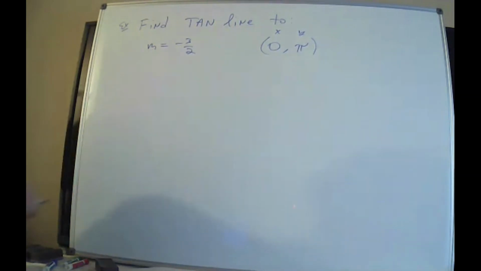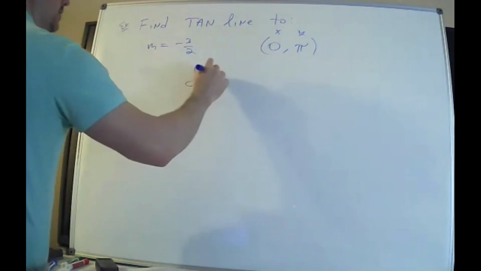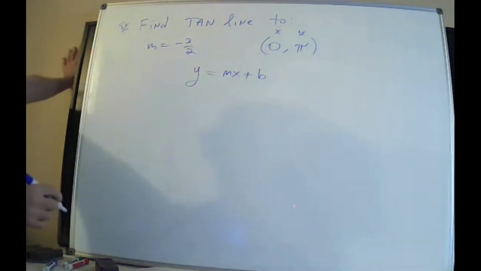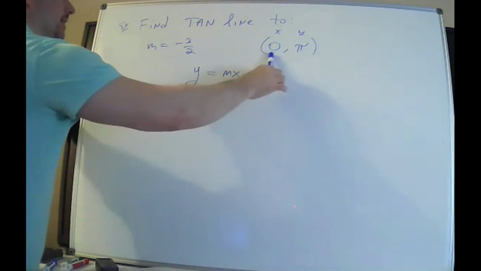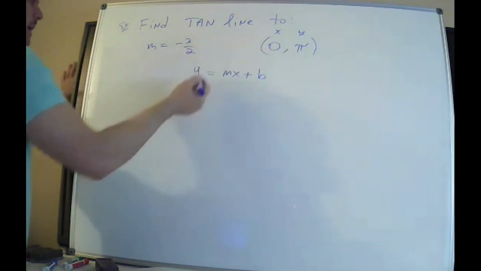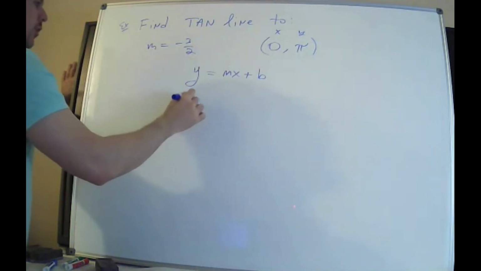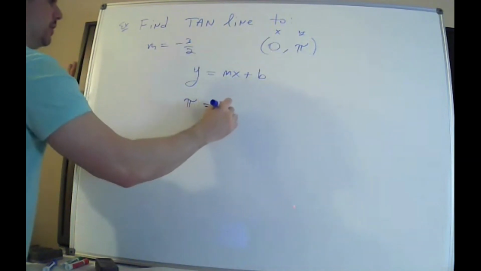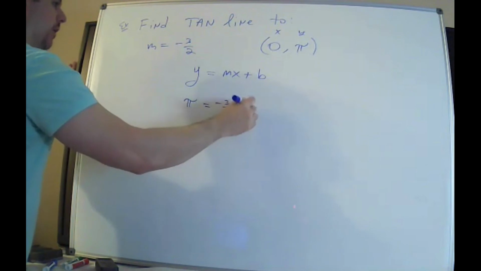All right, so you write your tangent line, which is mx plus b. Now, as I just pointed out while I was paused, this is b. You'll see when I plug it in that what I'm about to do is kind of completely pointless. So y is pi, m is negative 3 over 2, but x is 0.